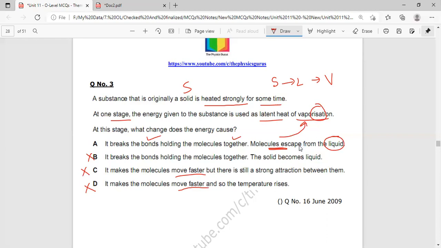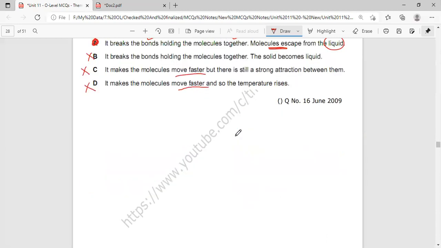So it means that liquid will be converted into vapors. So which option is the correct answer? Option A. Sorry, I said wrongly that vapors will be converted into liquid. It's the liquid which is converted into vapor. So option A is the correct answer. So let's move towards the next MCQ.